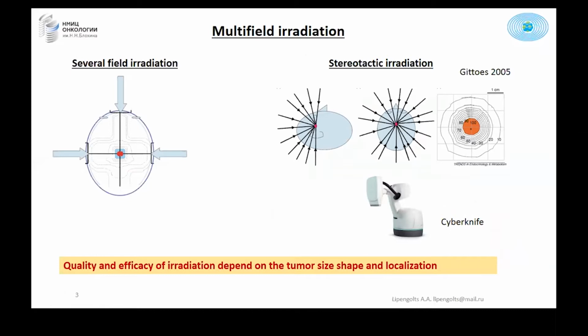However, this approach is limited by the tumor size. If the tumor size is small, about 1 centimeter, then this approach is acceptable. However, if we have a tumor which is much larger, then we just do not have enough directions to do proper irradiation.